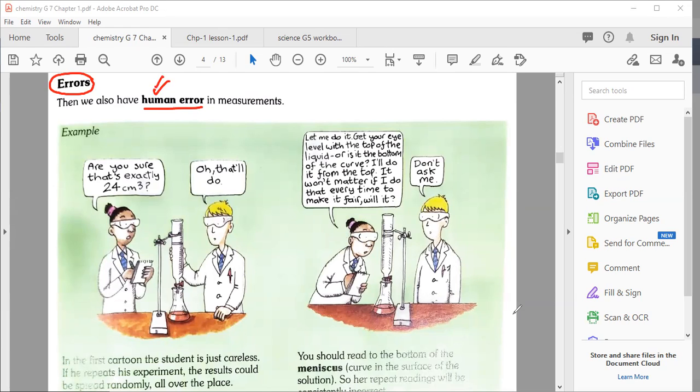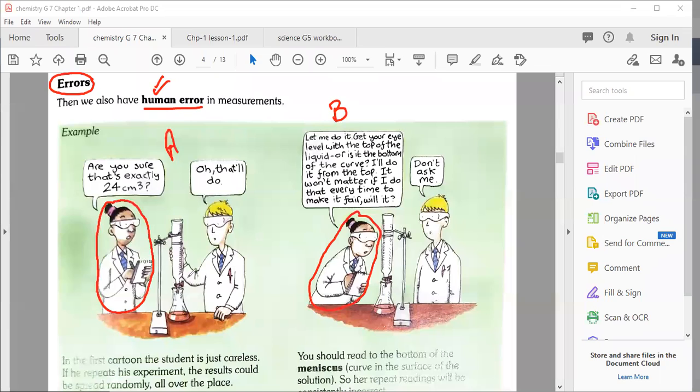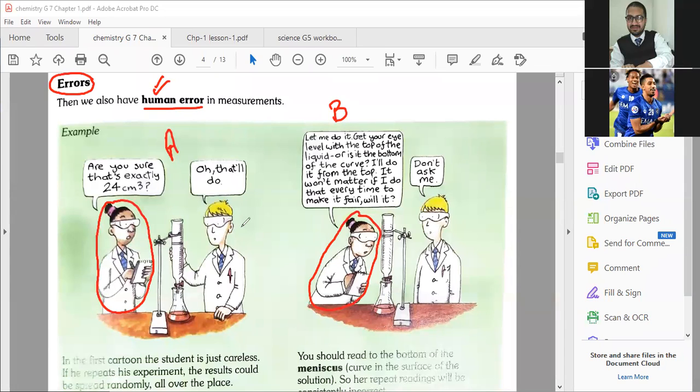Okay, you can see here two cartoons. They are going to perform a reading. For example, I label this diagram A, and this diagram B. Here, you can see how carefully she looked, but in the second, A1, she is a little bit not so carefully observing the burette.